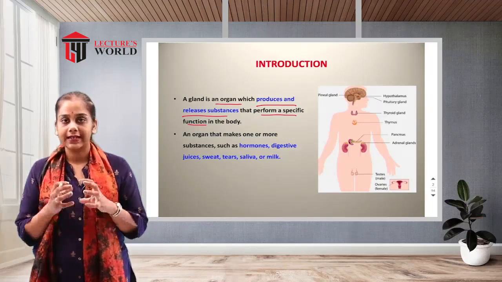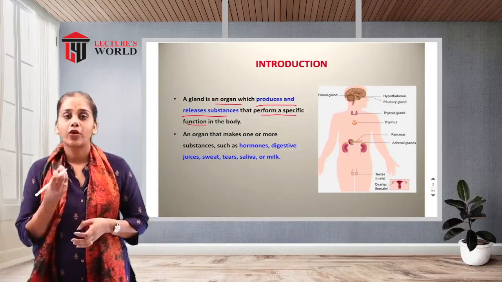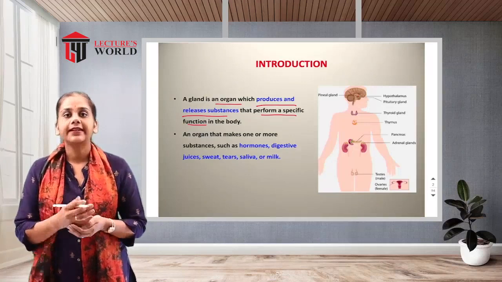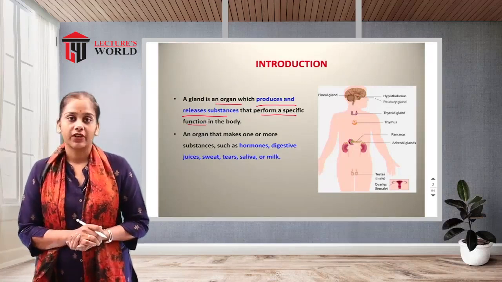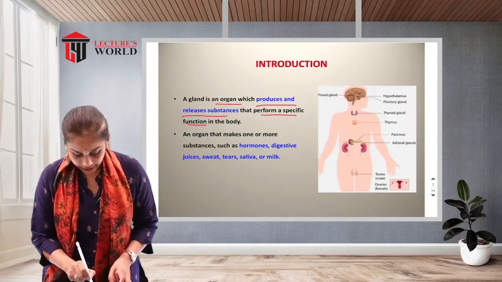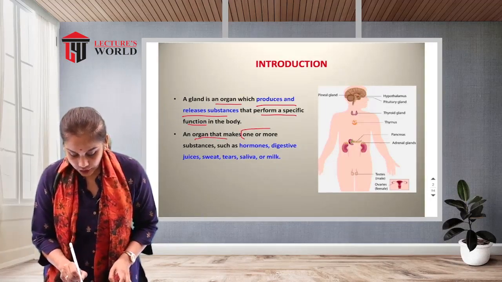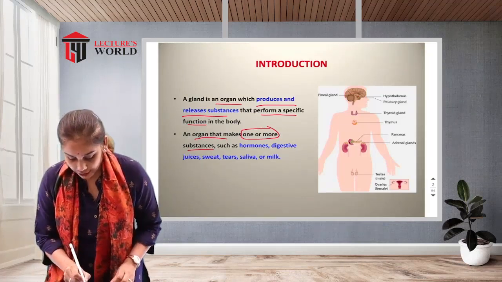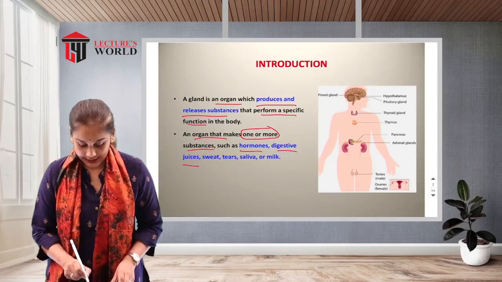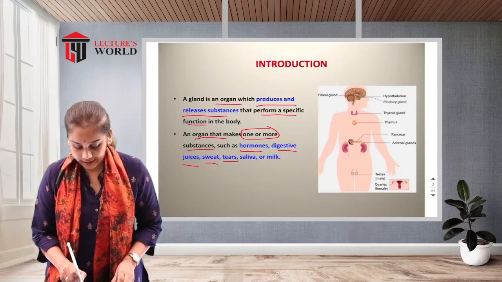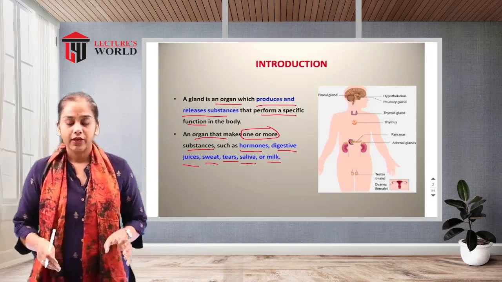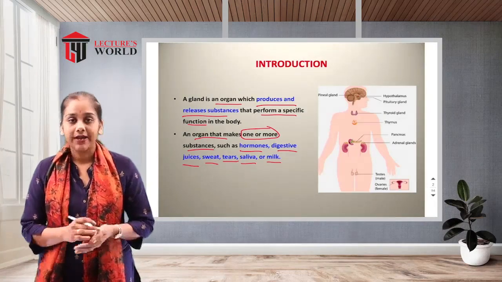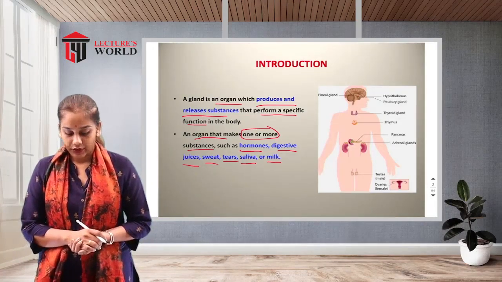It is an organ that makes one or more chemical substances like hormones, digestive juice, sweat, tears, saliva or milk. These types of secretions are produced by a particular organ, and that is known as a gland.